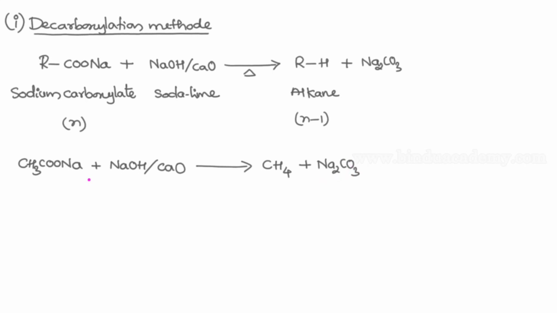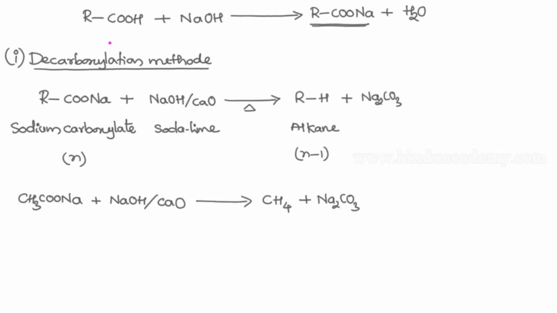Since the COOH group in the original acid is removed in this process in the form of carbonate, hence the reaction is called a decarboxylation reaction. Now there is another method, this is a second method.